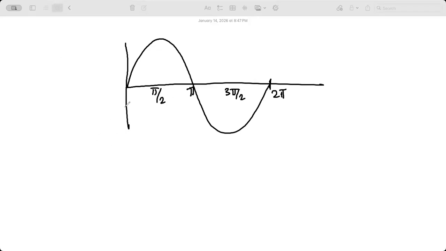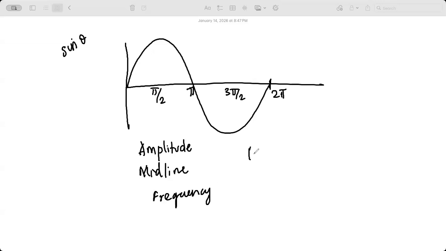Let's consider the sine theta function. Here I want you to understand a couple of definitions: amplitude, midline, frequency, period. Once we understand these, graphing will become very easy.